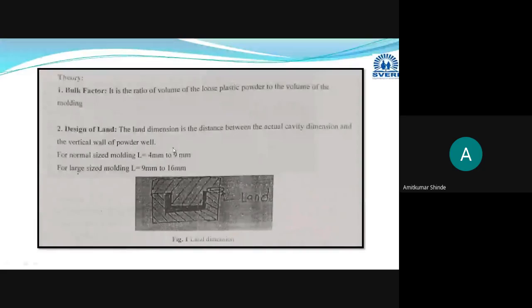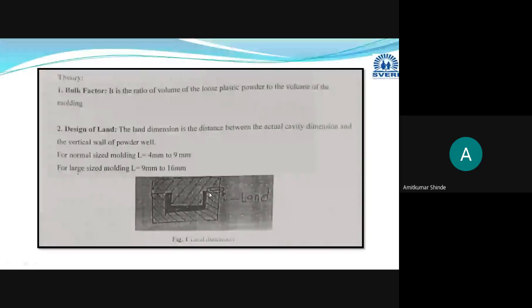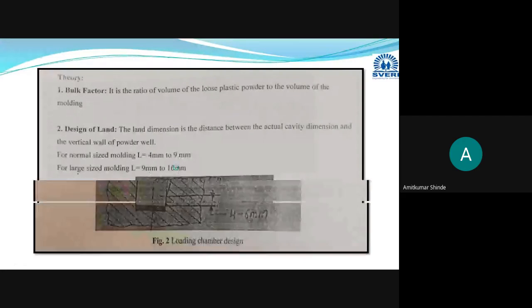It is K. Then the design of the land distance: this horizontal distance between the actual cavity and the vertical wall of the mold is termed the land, and generally these land dimensions are within this range only. For small sized molding it is 4 to 9 millimeter, and for larger sized molding it is 9 to 16 millimeter.